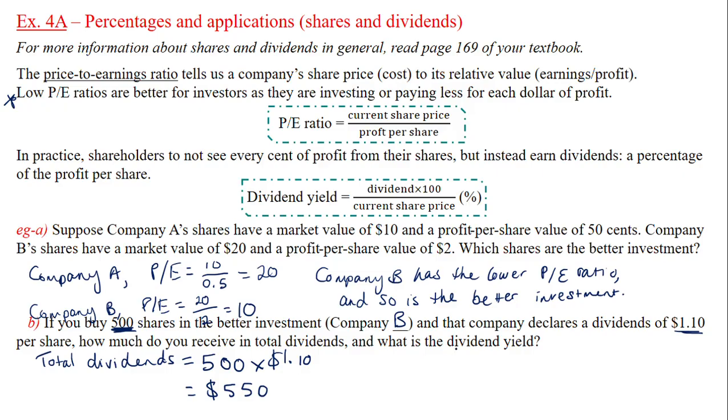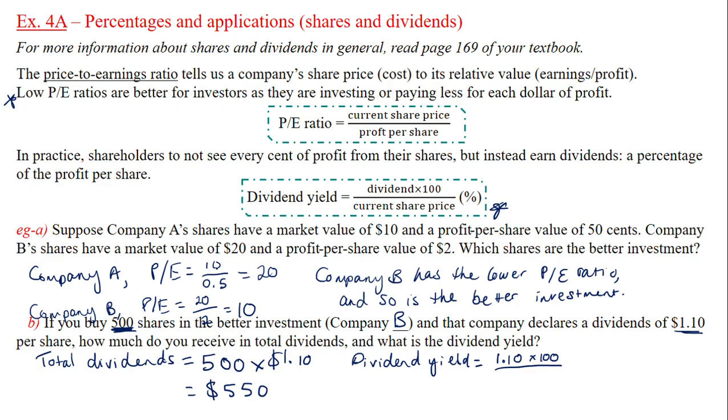The dividend yield is the second part to the question, which we have got a formula right here for. Dividend yield equals the dividend amount, which is $1.10, multiplied by 100, and then we divide all of that by the current share price.